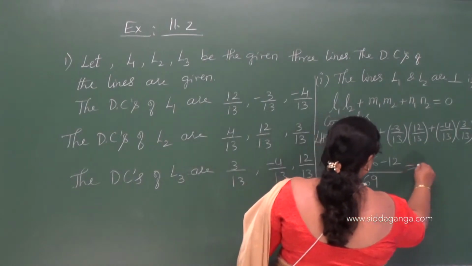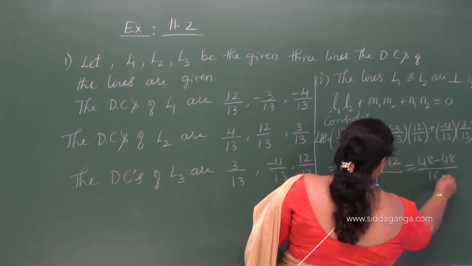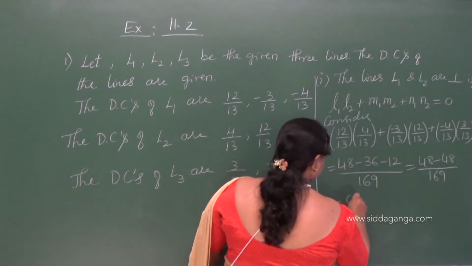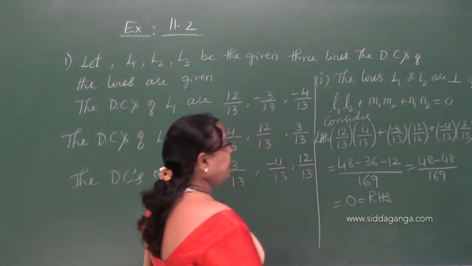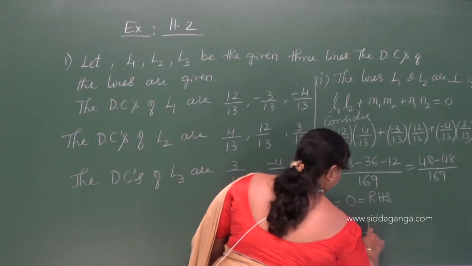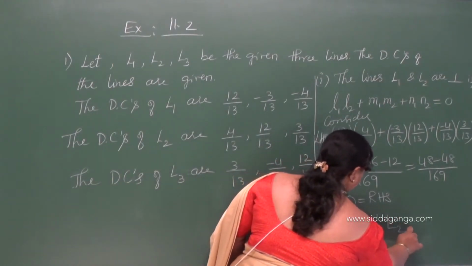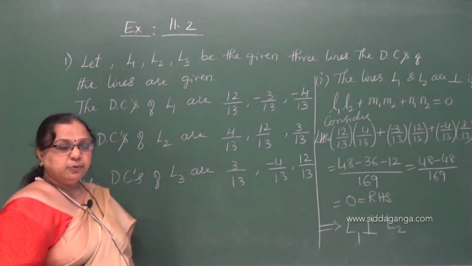So that is equal to 48 minus 48 by 169, that is equal to 0, equal to RHS. So it implies that L1 is perpendicular to L2.